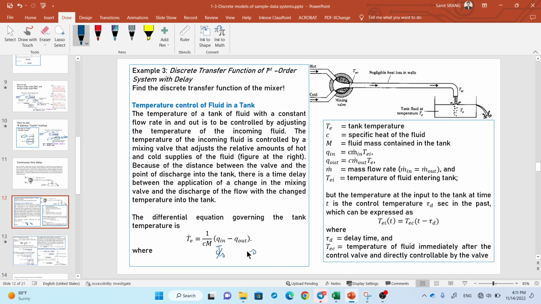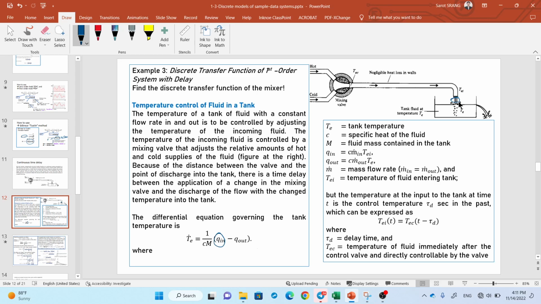Now we want to control the temperature. So just find the equation of temperature in the tank. So the heat that is brought into the tank is around here.